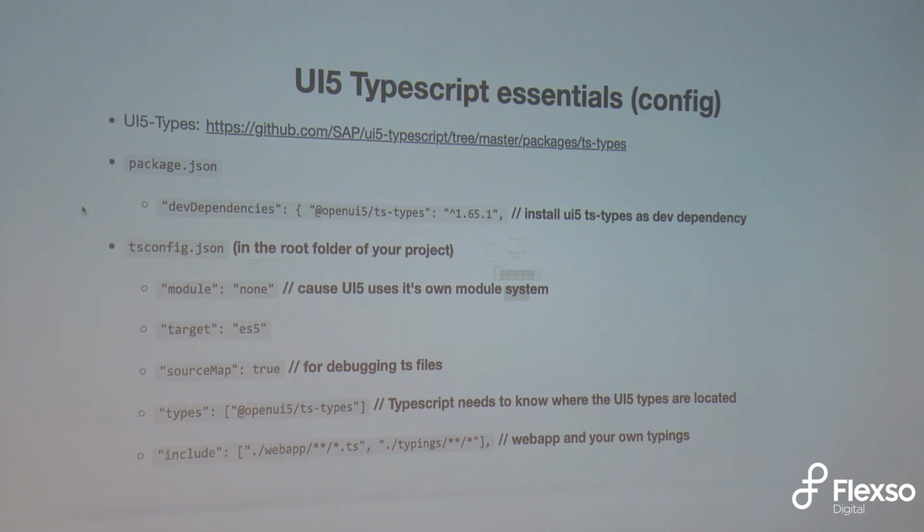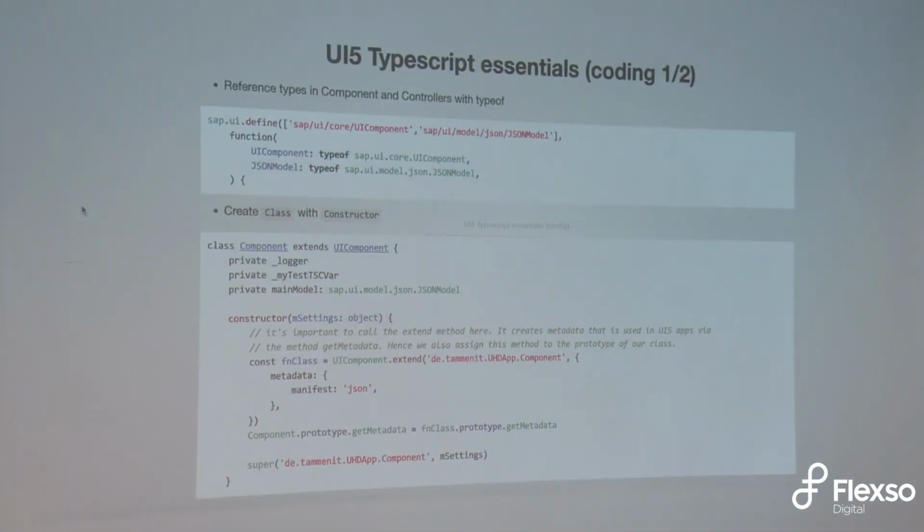If you follow my project template, which is available at GitHub already, you should define a typings folder and fill it with a file I'll show you. Then the configuration is finished.